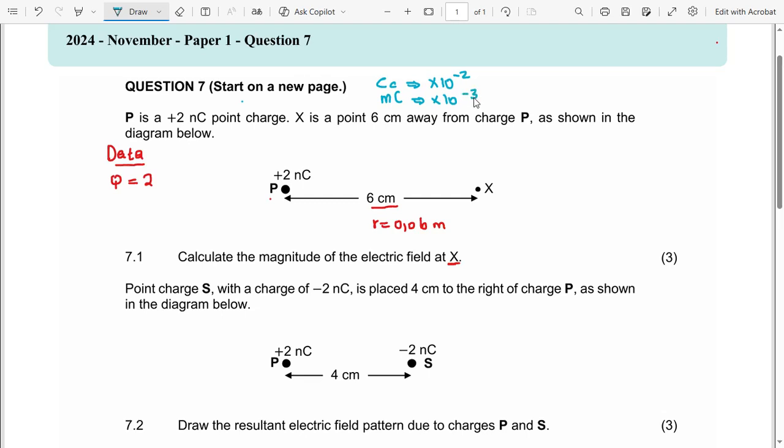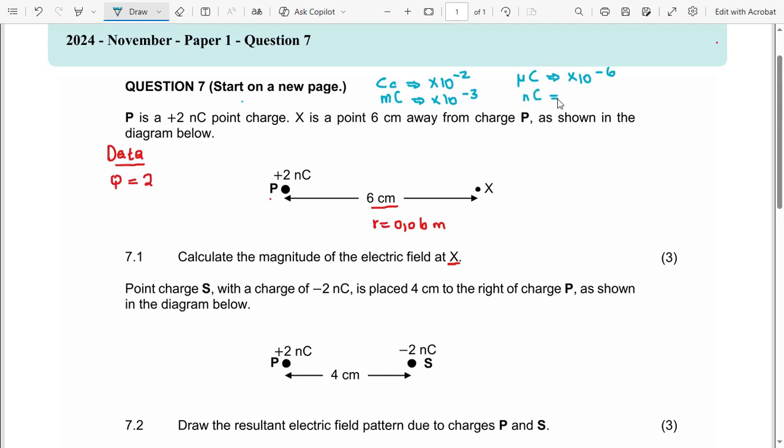Another prefix that you can get is micro. If it's micro, you multiply by 10 to the power negative 6. Another one is nano, which is the one given in this question.